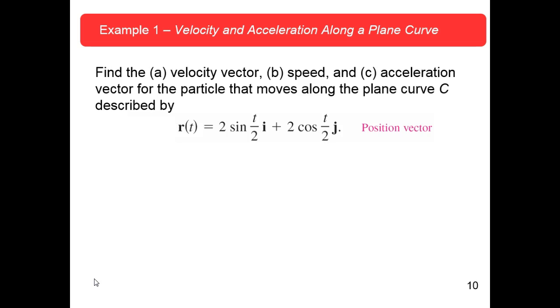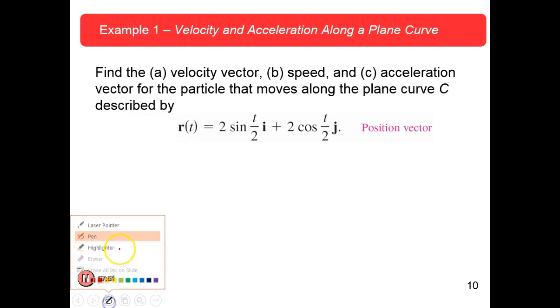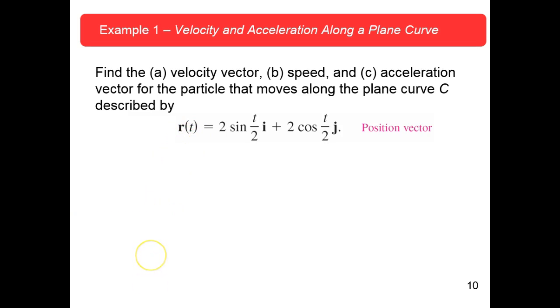All right, here's example 1 then. Find the velocity vector, the speed, and the acceleration vector for the particle that moves along the plane curve C described by this displacement vector. Let me get my pen set up. So your velocity vector v of t is going to be your r prime of t, which would be what?